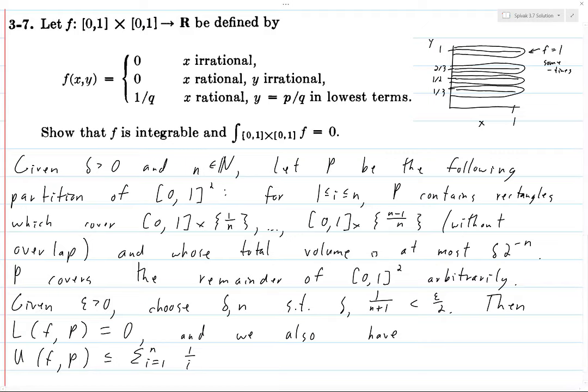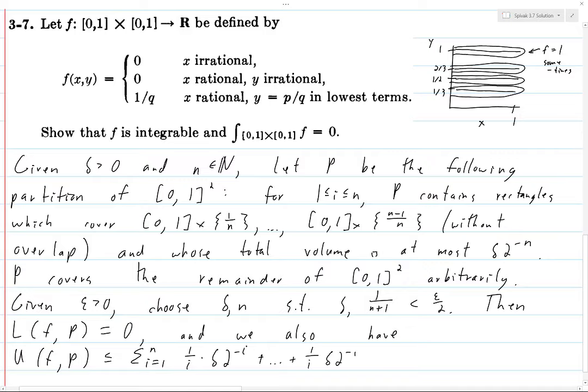The maximum value would be this thing. The only way it could go over would be if you can reduce the fraction at all, in which case it would have been taken care of by a smaller i value. So it's 1/i, and the volume is delta times 2 to the minus i, times 1/i times delta 2 to the minus i.